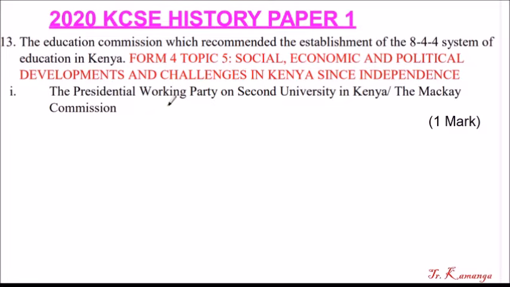So this commission, the Presidential Working Party on Second University in Kenya, the Mackay Commission. So that was the name of the commission which recommended the establishment of 8-4-4. So that's how you answer question number 13.